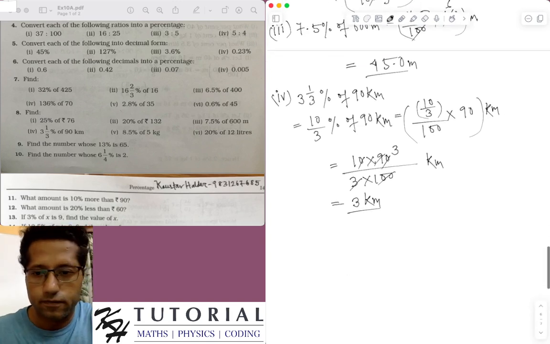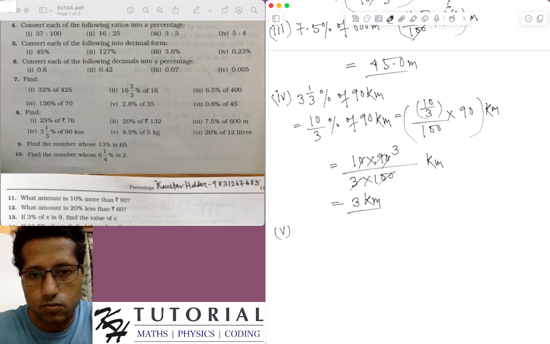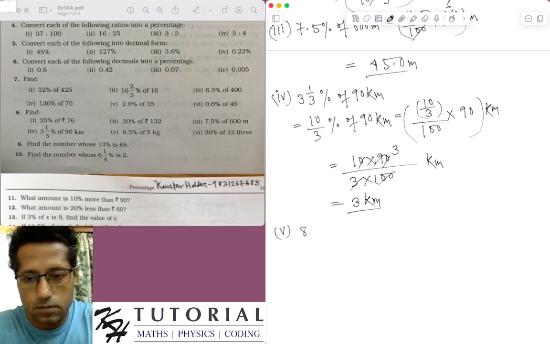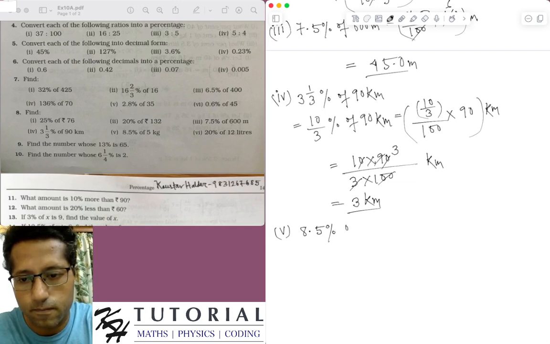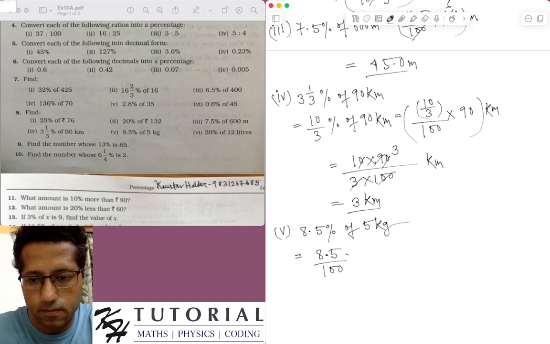Part 5 says 8.5 percentage of 5 kg. This equals 8.5 divided by 100 multiplied by 5, this much kg.